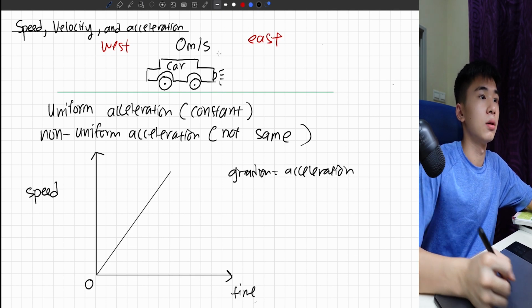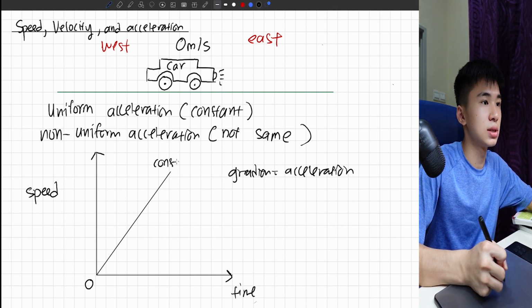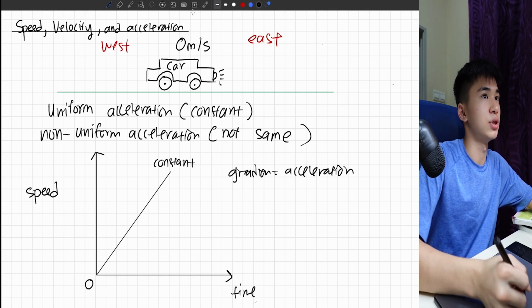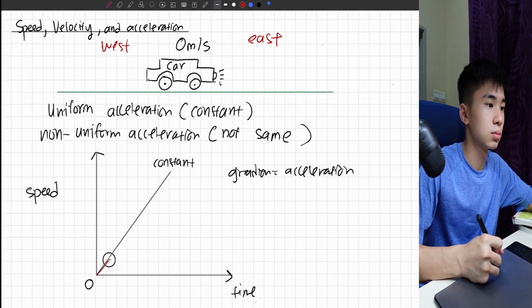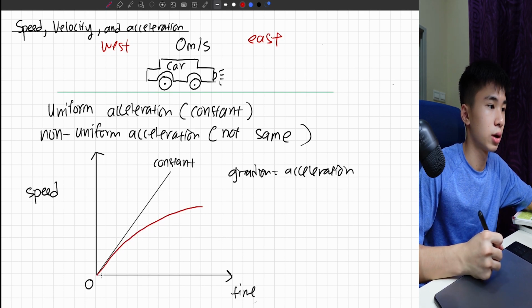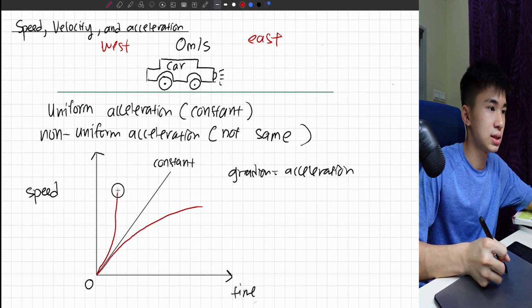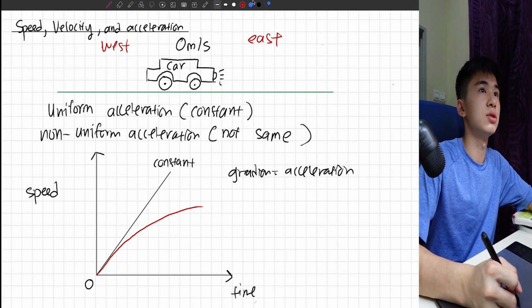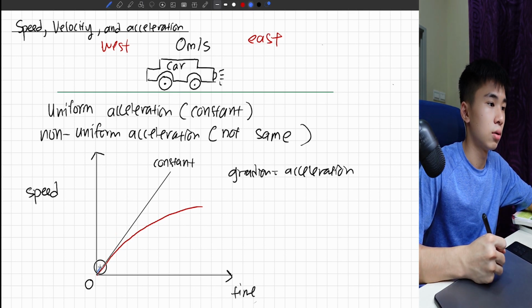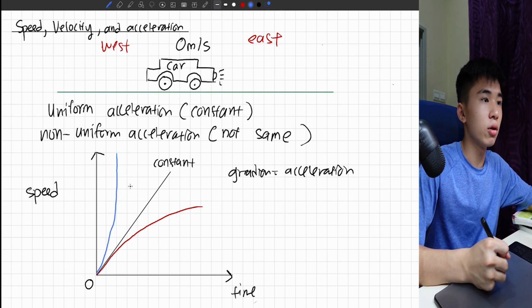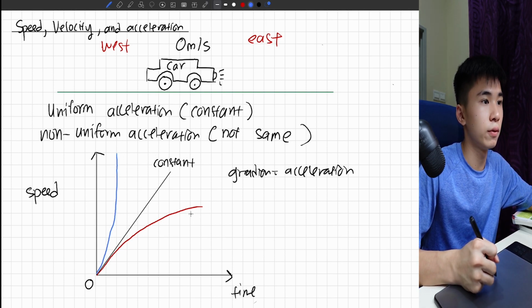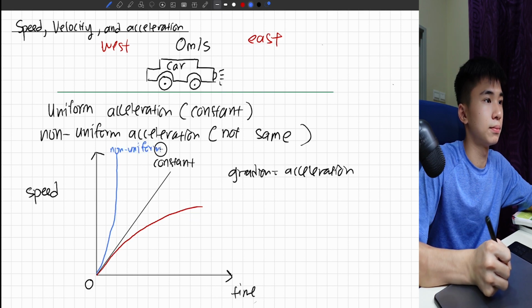This is going to be constant acceleration. But if you see a graph like this, or like this, let me just use the blue pen, or a curved line like this, both of these are not uniform, meaning non-uniform.